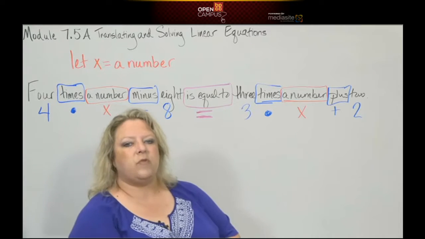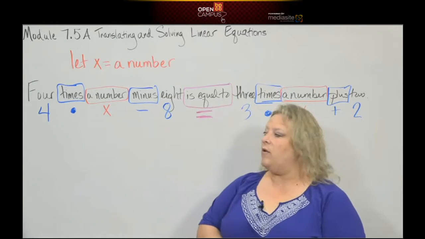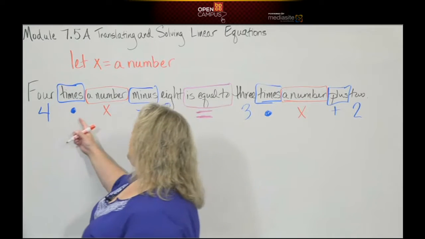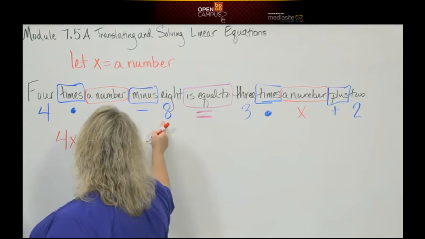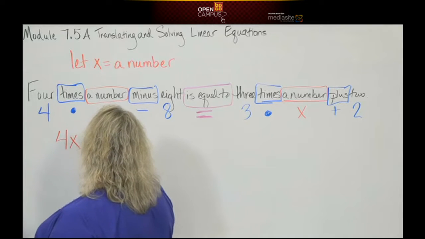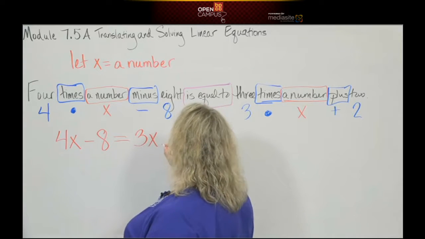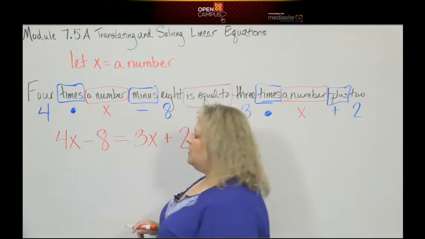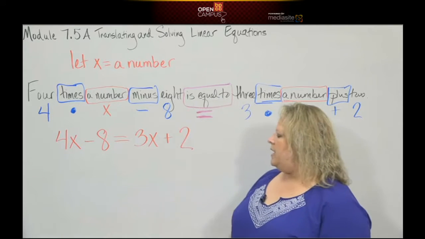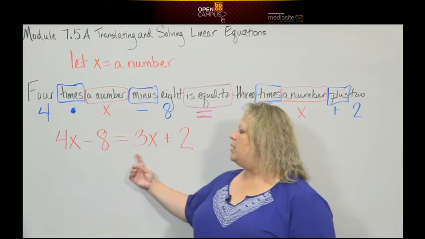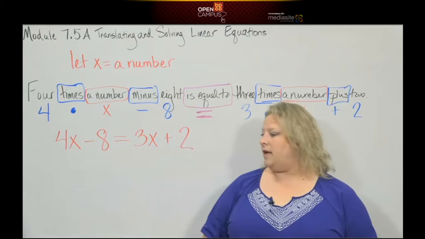All right, so now let's write it without all of this stuff around it as one big giant equation. So we have 4 times x. 4 times x is 4x minus 8 is equal to 3 times x, which is 3x, and then plus 2. So now you have an equation, which we've done on a previous video, and it has variables on both sides, so the rule says letters on one side, numbers on the other.